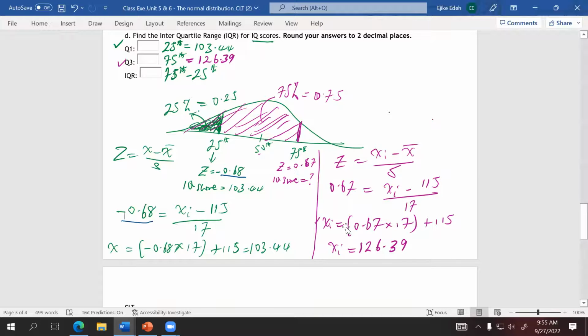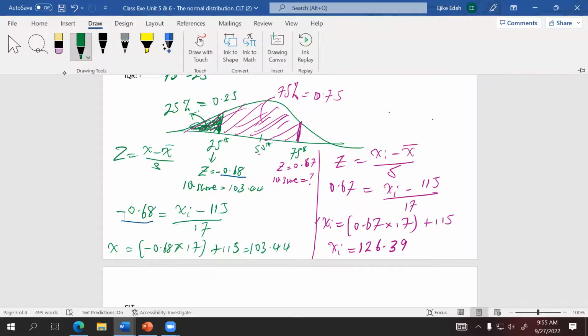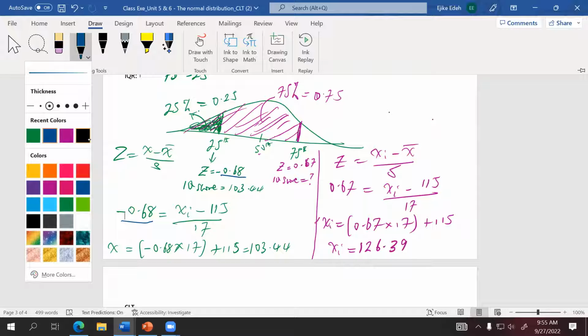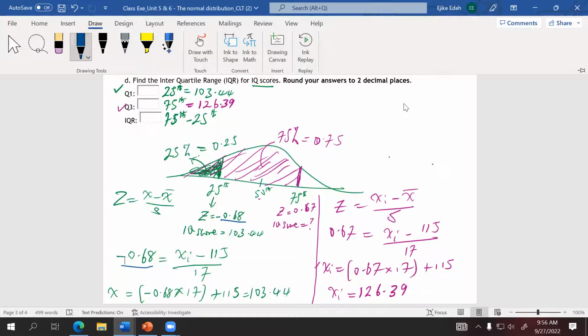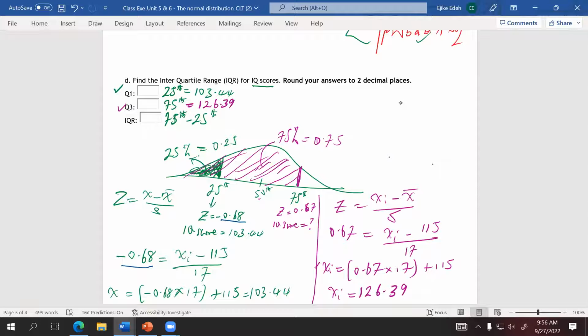So we have this value here as 126.39. So we know that our interquartile range, IQR, is equal to Q3 minus Q1, which is the 75th percentile minus the 25th percentile.